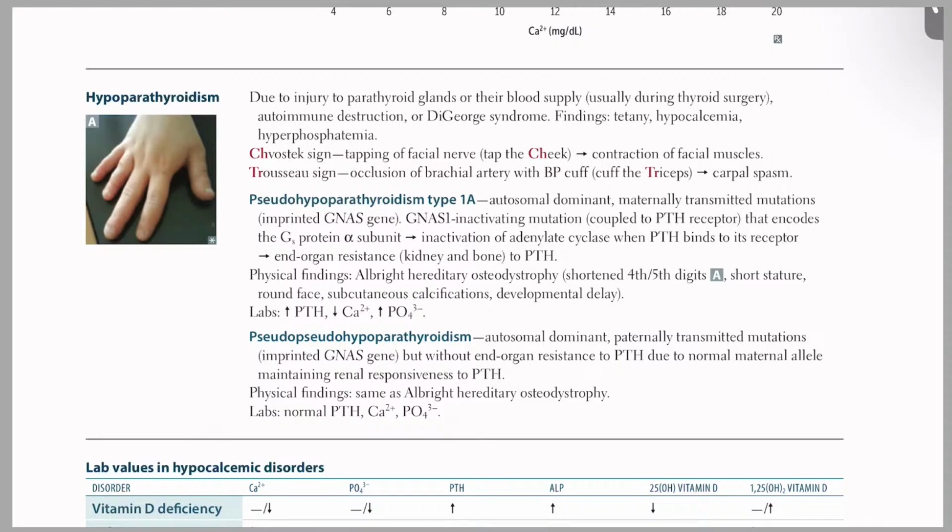Short stature, round face, subcutaneous calcification, developmental delay, increased PTH, decreased calcium, increased phosphate.